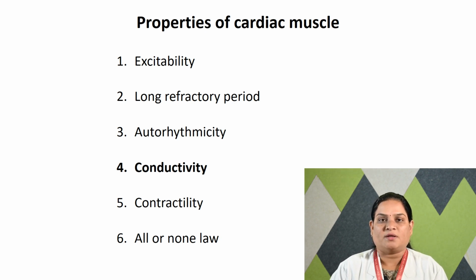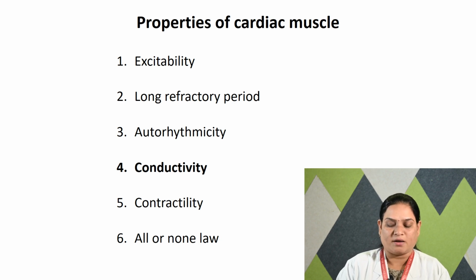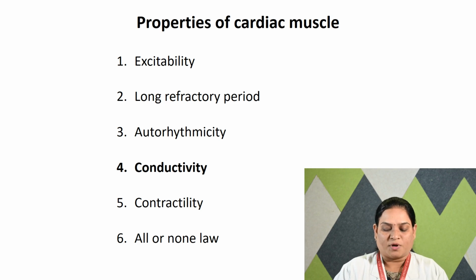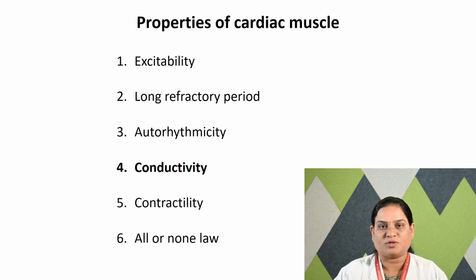The right and left atria are separated by the interatrial septum. Ventricles: left and right. The left ventricle receives blood from the left atrium and gives it to the systemic circulation through the aorta. The right ventricle receives blood from the right atrium and gives it to the pulmonary circulation through the pulmonary artery.